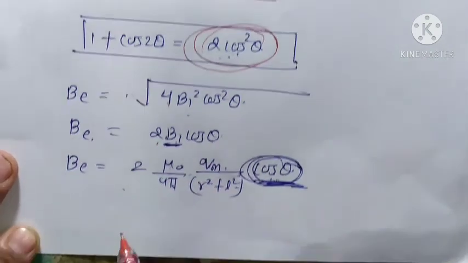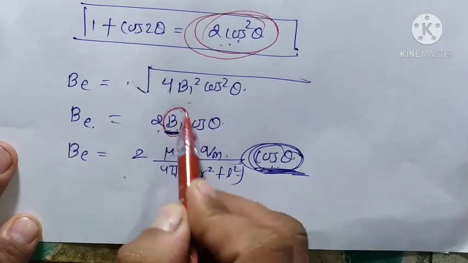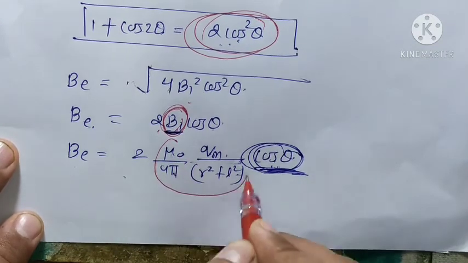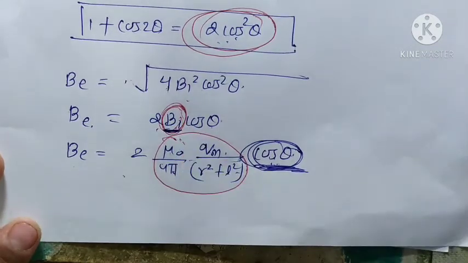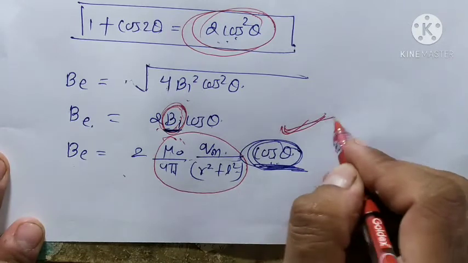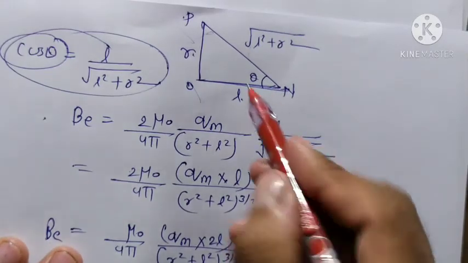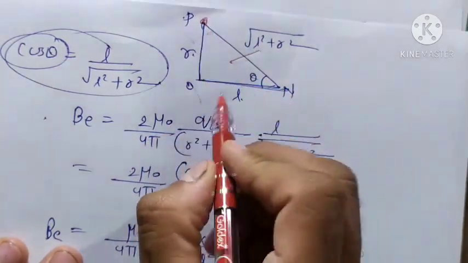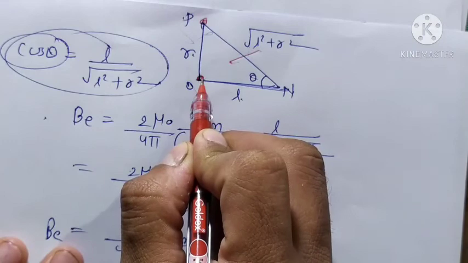We put the value of B1, which we already know. Now we have to find the value of cos θ. So we take this triangle, with the point P and this O, the middle point of the bar magnet.